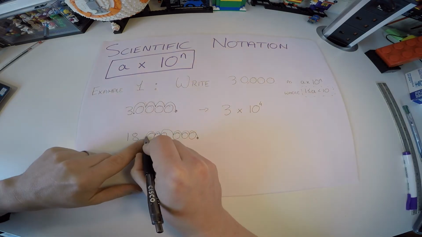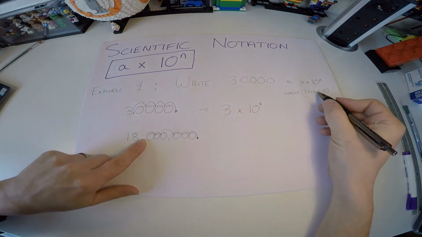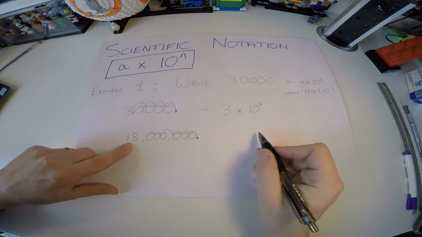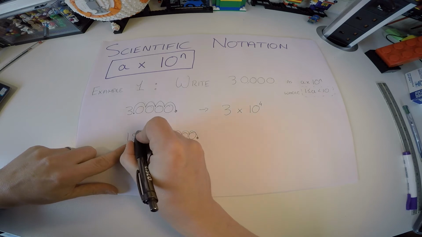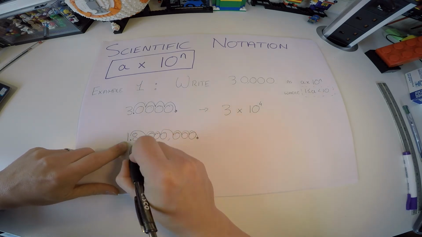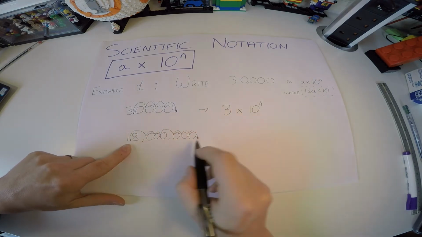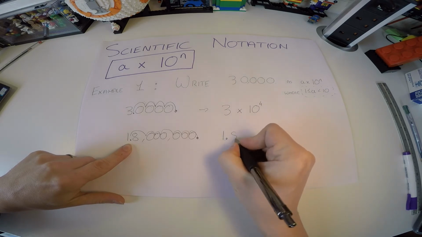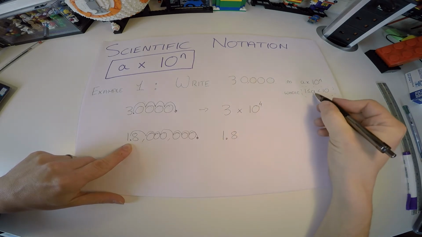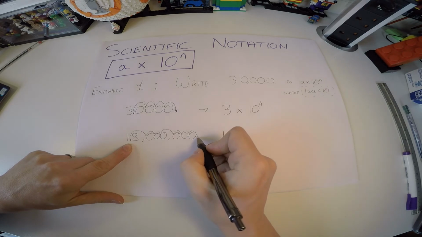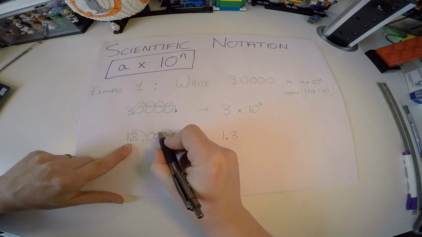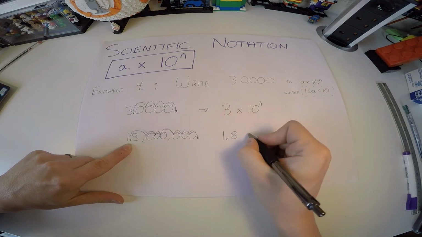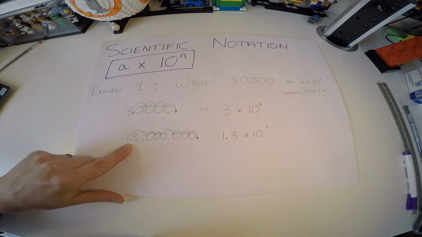Now it can't stop here because a has to be between 1 and 10. So if I stopped here, I'd have 18 × 10 to the something. So I have to go one more. Now my significant digits are 1.8. So I'll use the 1.8, a number between 1 and 10. How many times did I hop over? 1, 2, 3, 4, 5, 6, and 7. So that's 1.8 × 10 to the power of 7.